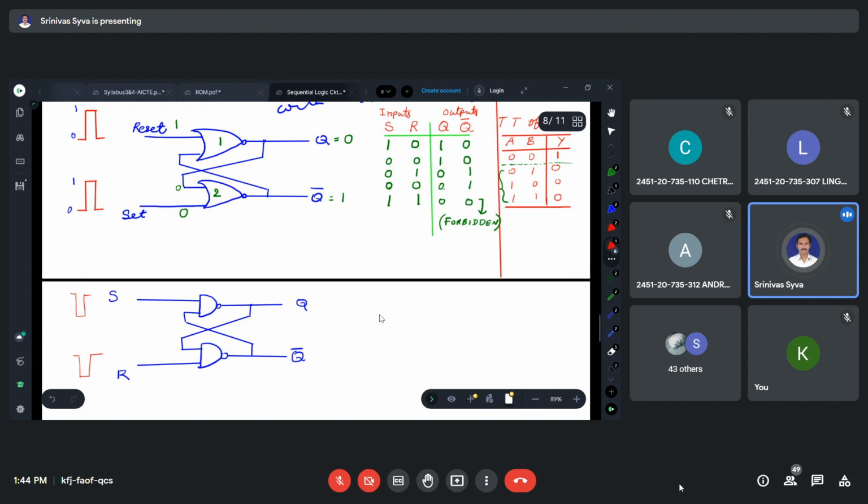This type of pulses are being used here, 1 0 1 0. S, R, Q, Q bar.